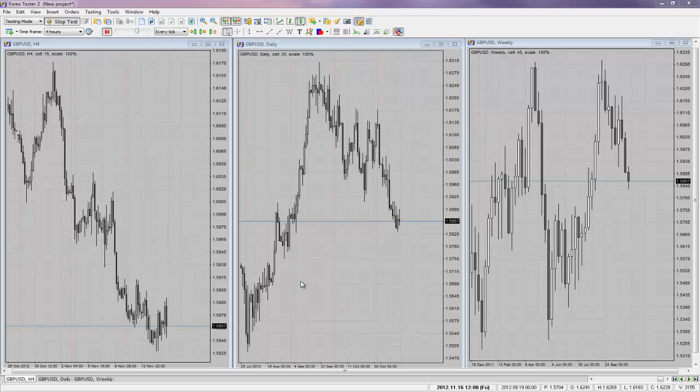So let's go to Forex Tester, and let's go through another example using the charts here. Now you can see over here on the right I've got the weekly chart, and in the middle the daily, and on the left the 4-hour.